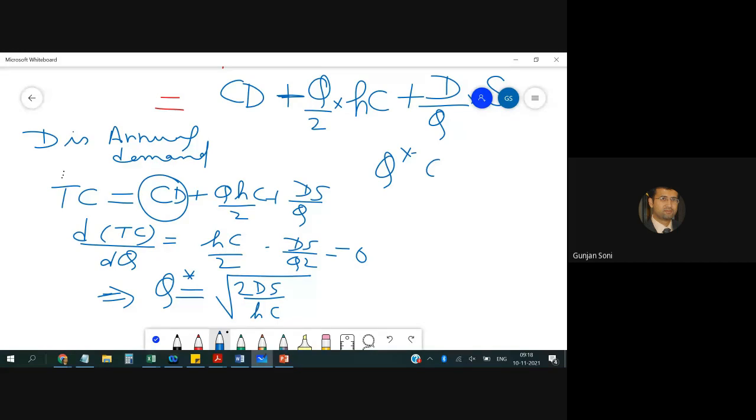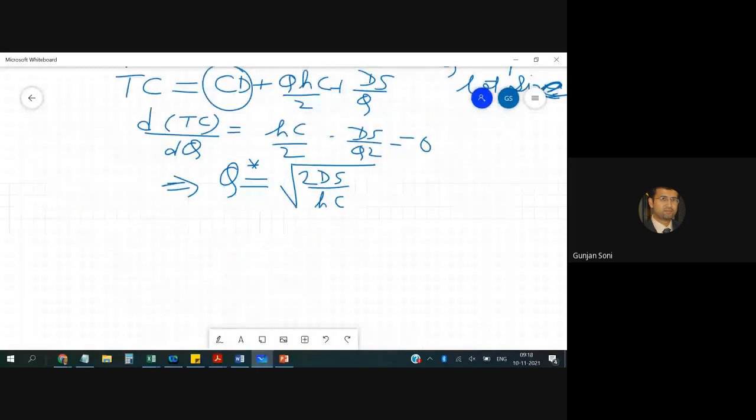Optimal lot size means at the value of Q star, you are going to get the minimum value. Let's try to understand this graphically now. This whole expression we will try to understand graphically.